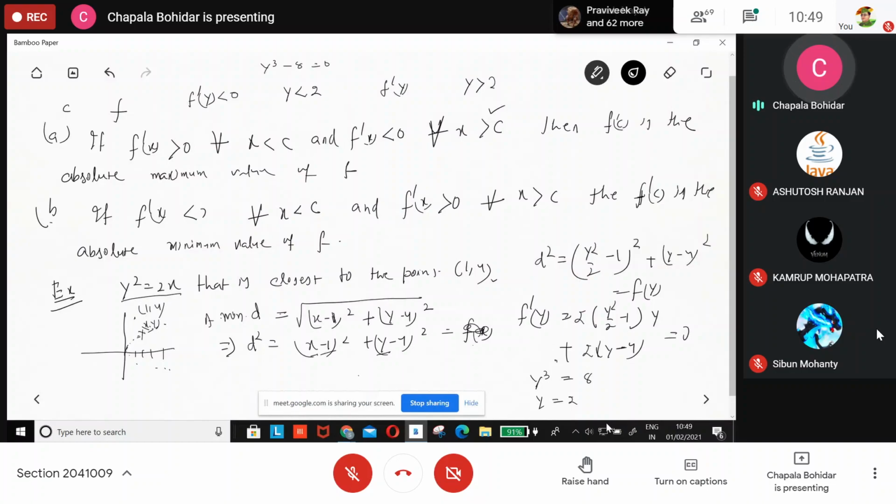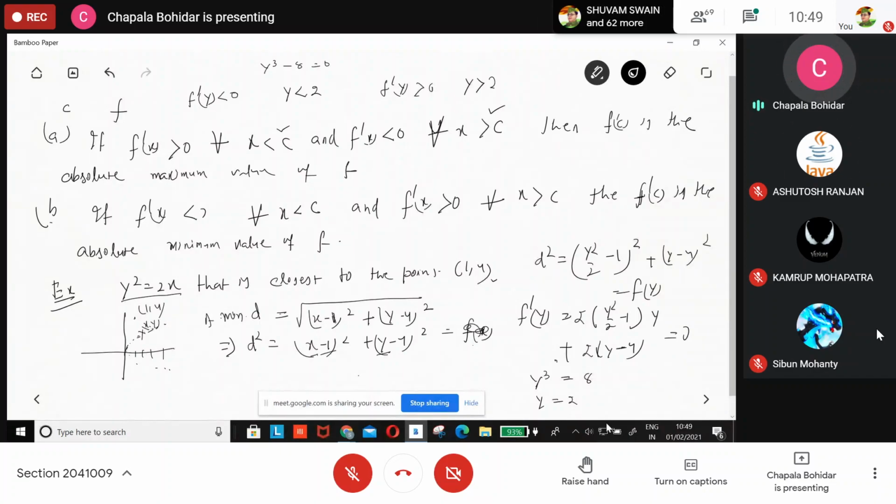First I solve by using this condition, then according to this condition. Greater than 2. It is greater than 0.